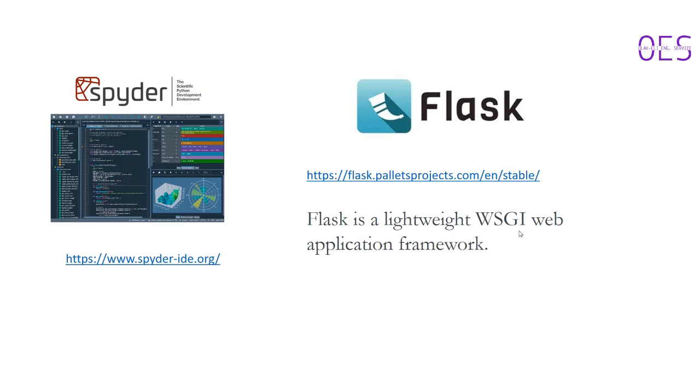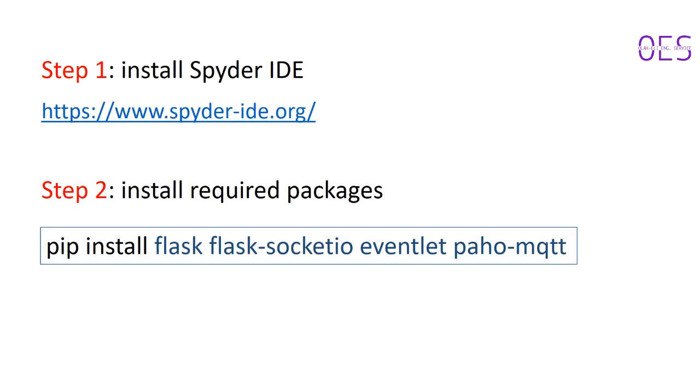Basically, it's a simple convention for web servers to forward requests to web applications or frameworks written in the Python programming language. You can go to this link and find out more about Flask. Flask is quite easy to use for development of web applications, APIs, and so on and so forth.